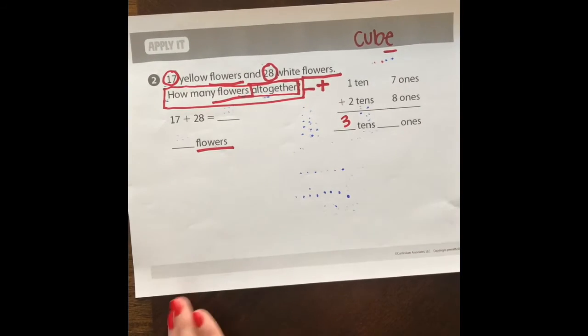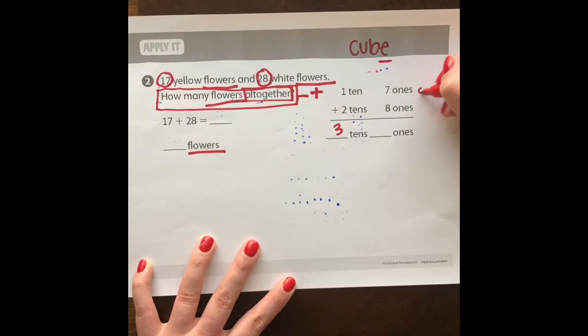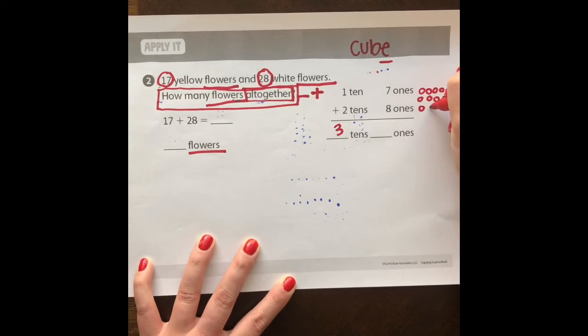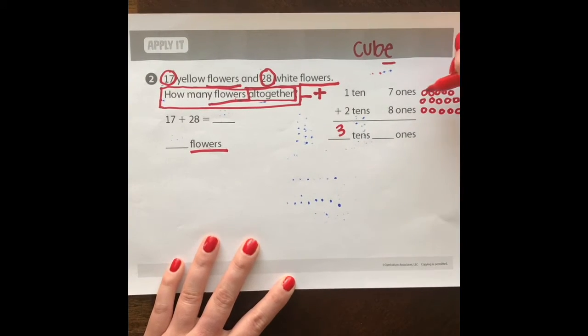Let's go ahead and draw that out really quick. 1, 2, 3, 4, 5, 6, 7. Now our 8. 1, 2, 3, 4, 5, 6, 7, 8. Now let's count them all together. 1, 2, 3, 4, 5, 6, 7, 8, 9, 10, 11, 12, 13, 14, 15.